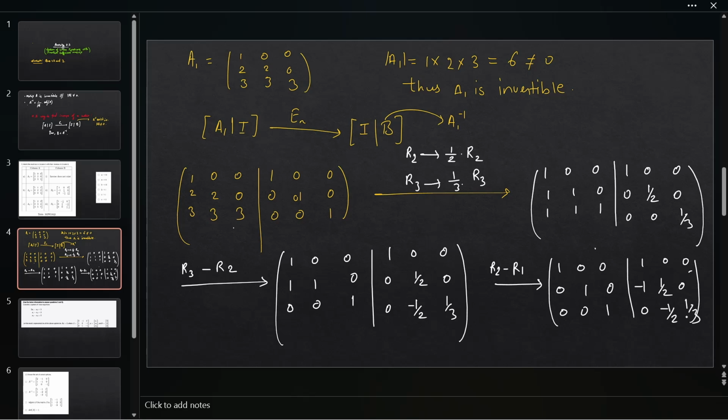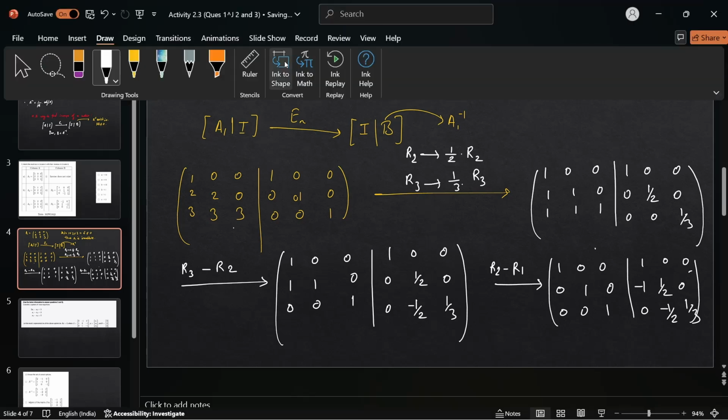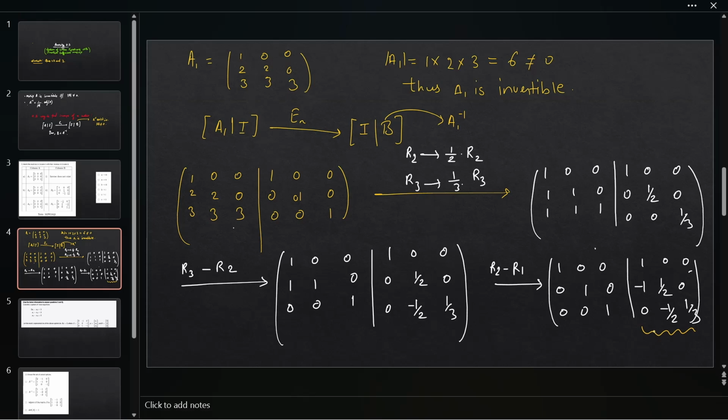Using the same operations on the right gives us the final matrix. So the matrix A is now converted into the matrix I, and I has been converted into this new matrix, which is going to be the inverse of A1. We'll check whether it is present in the options or not.